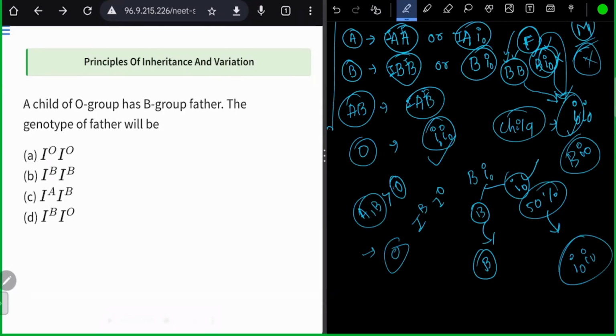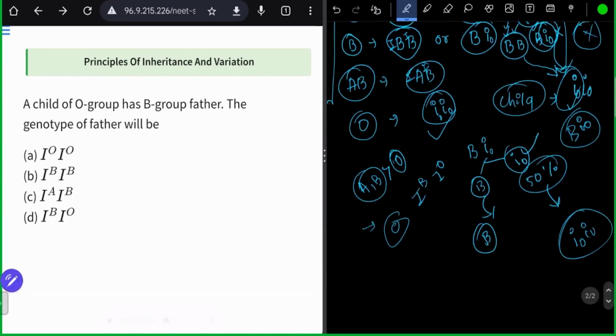Second is IB genotype, which can lead to phenotype of B blood group, but as the child has O blood group, if the father is homozygous, then the child will never inherit IO gene from the father.